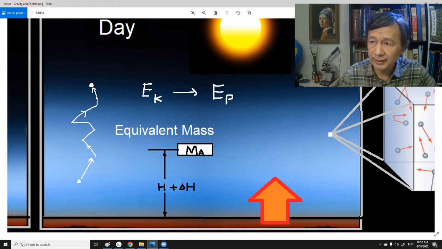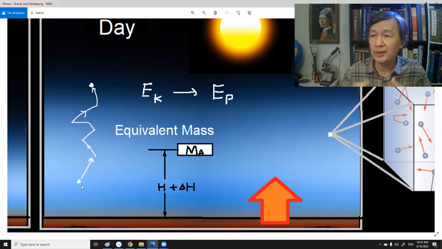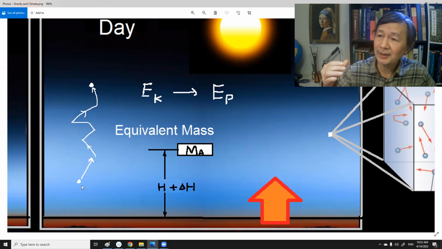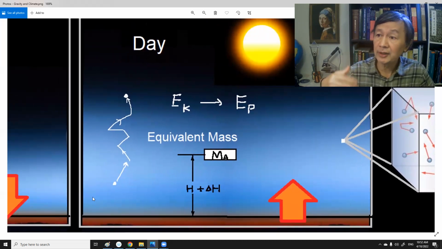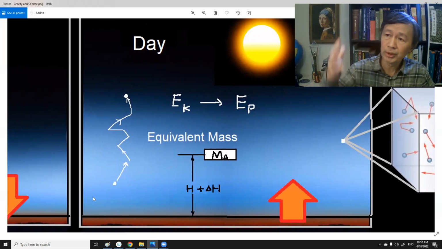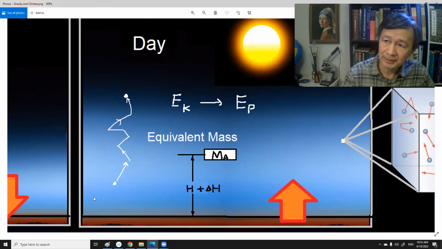During this process, the kinetic energy the molecule originally has at a lower altitude will be converted to its gravitational potential energy. You see that? And the kinetic energy decreases. That is why the temperature as a whole still gets colder toward higher altitude.